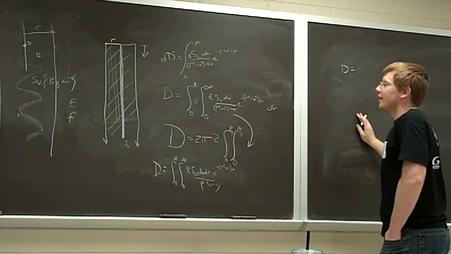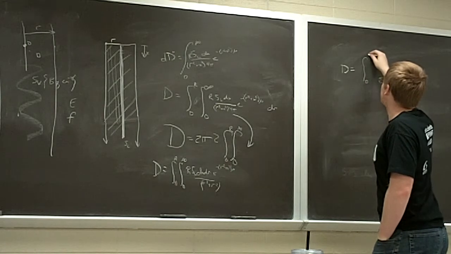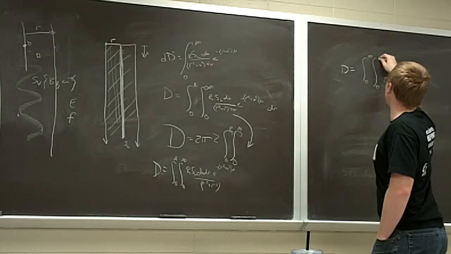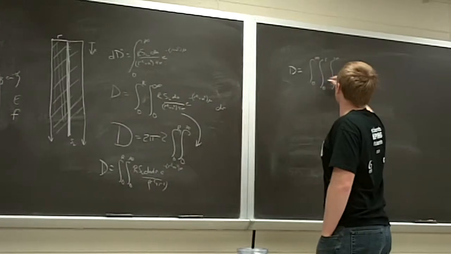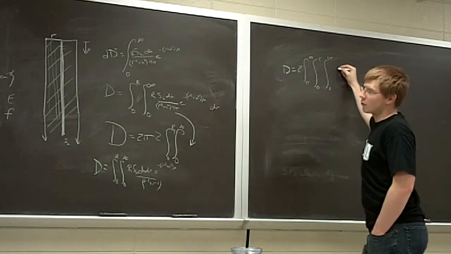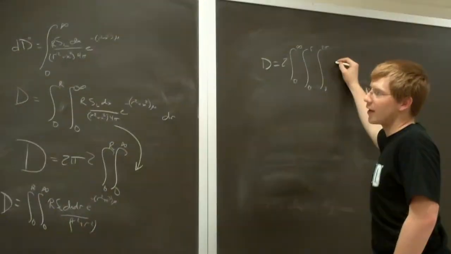I wonder if you could just integrate from 0 to infinity, integrate across 0 to r, and integrate across 0 to 2 pi, and multiply by 2 times whatever dose you get from a volume inside there.